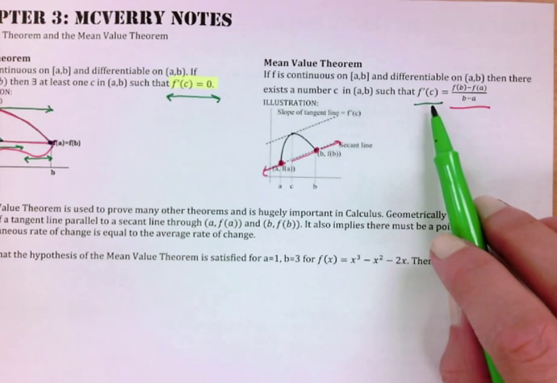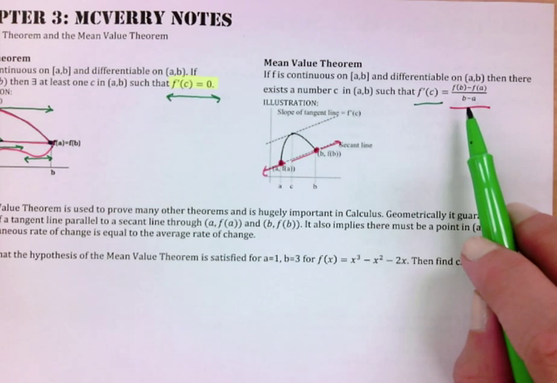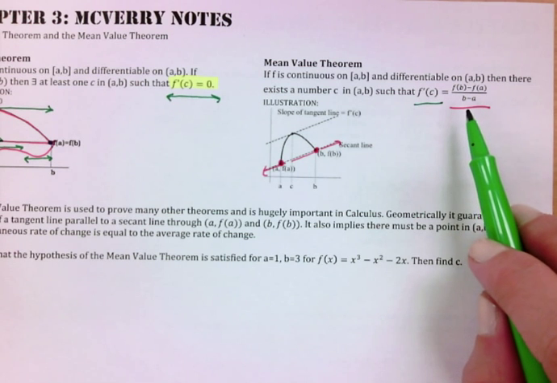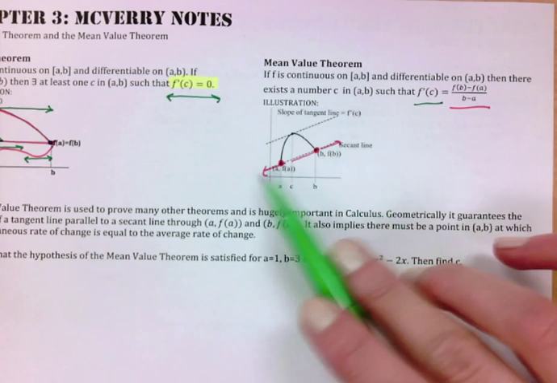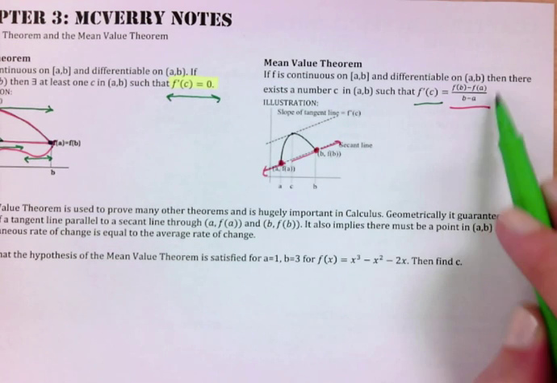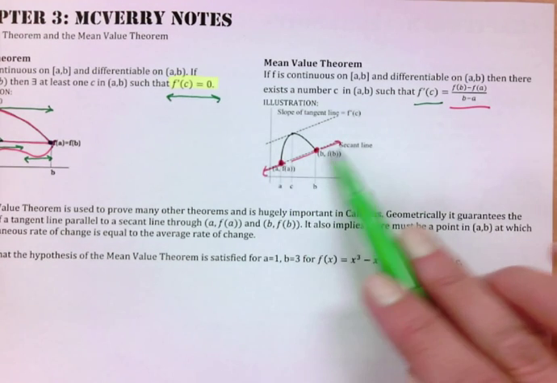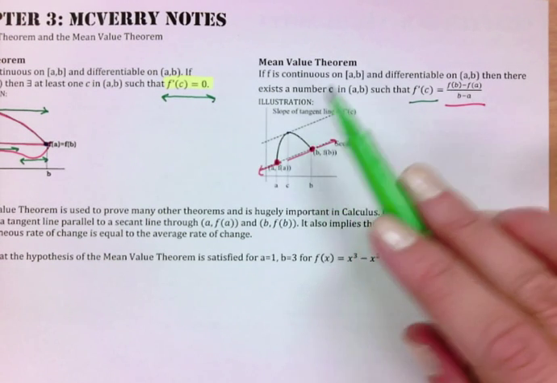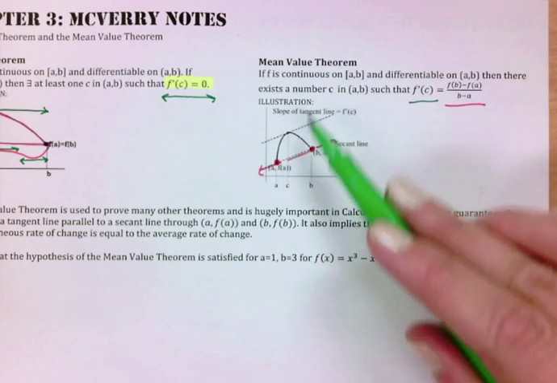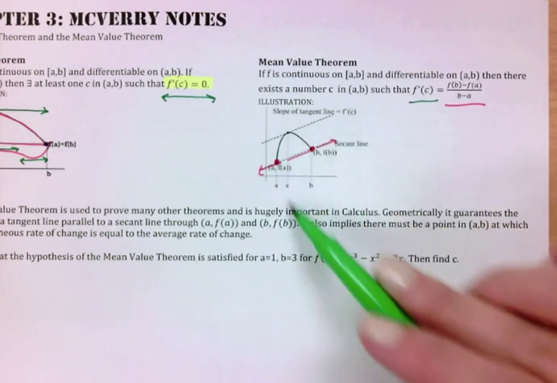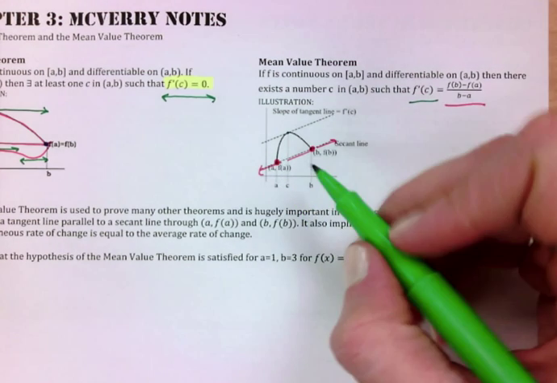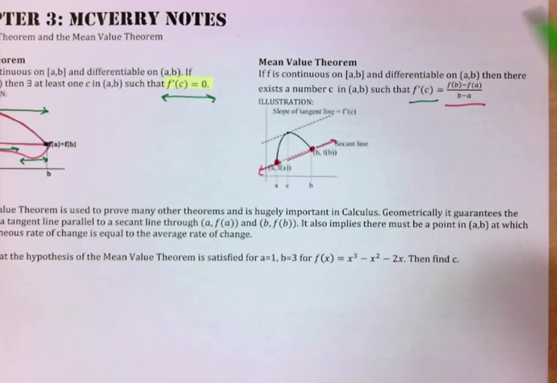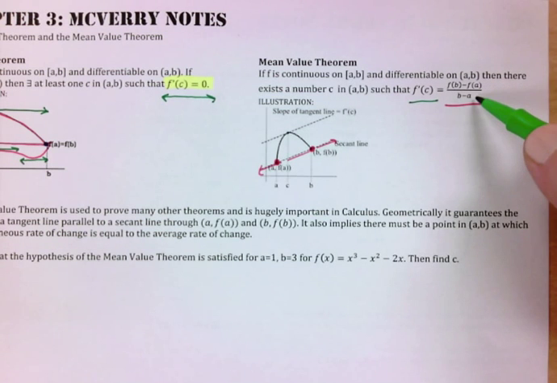So we're saying if you do the algebra part of this problem, you take the slope for the line that would connect a and b, we would get that value. Well, then in that same interval, no matter what your f looks like, he might be some sort of squiggle up here, he might be down below somewhere, wherever your f is, there's going to be a tangent line that is equal to that number.